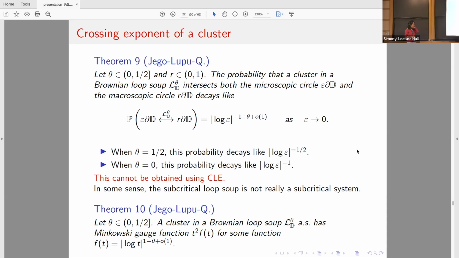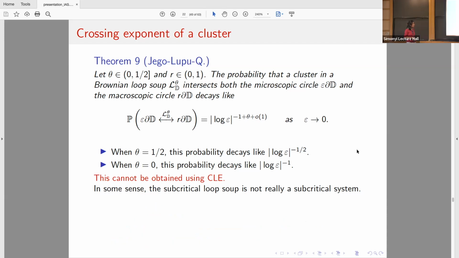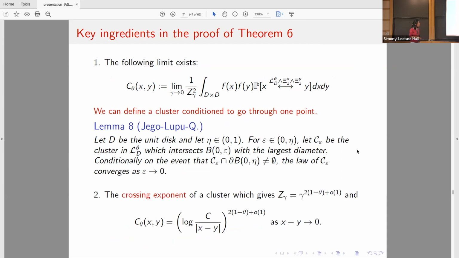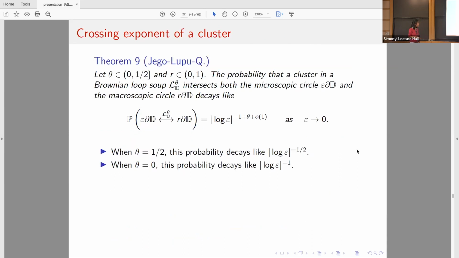In the subcritical case, we expect that this is also true. You can see it from the definition of this field, because it comes from the crossing probability at two points, so it's like the Minkowski measure.